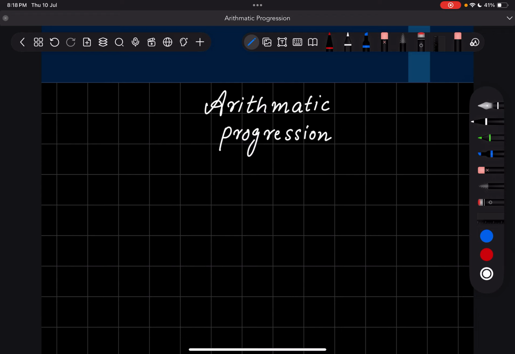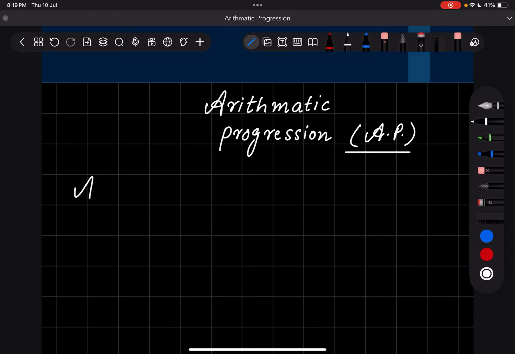So a progression or a sequence is said to be an arithmetic progression, that is AP. The abbreviated form of arithmetic progression is AP. Okay?